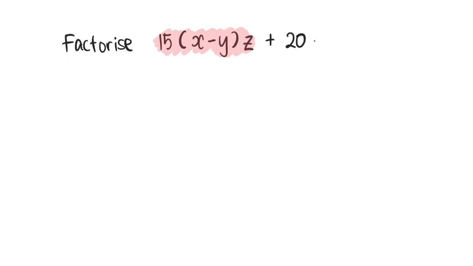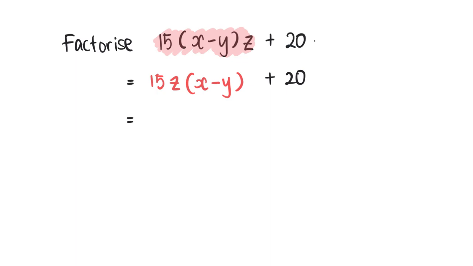And to make it even easier for Mr. Tan to see this particular red color part here, 15 times x minus y bracket times z, I am going to rewrite it as 15 times z times x minus y. So at the same time, still have the plus 20, okay?